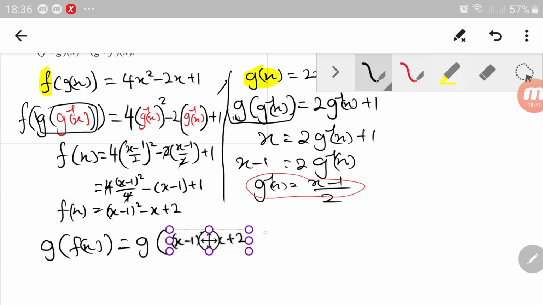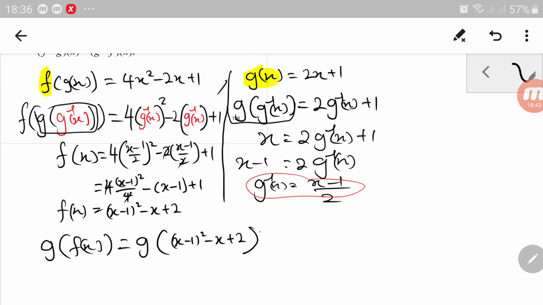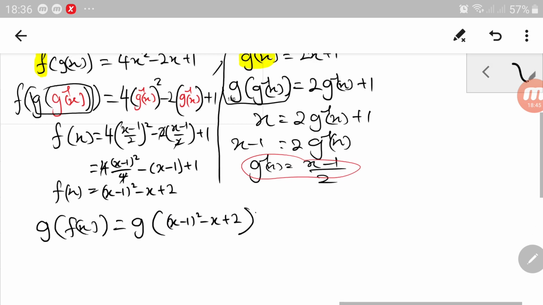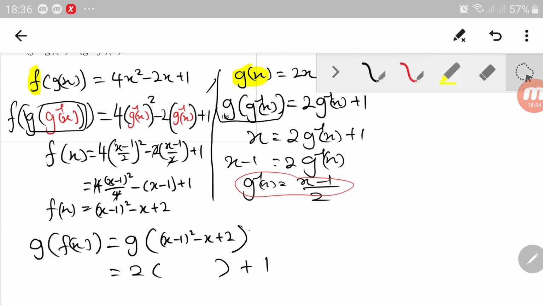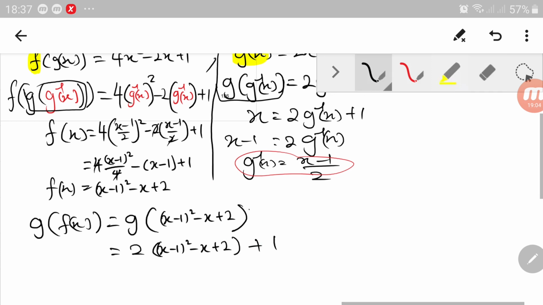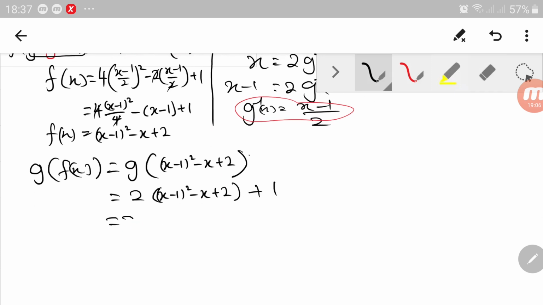Now, we know gx will take every object and double the object, plus 1. So what is the object? Paste. Sorry. Paste. We paste this one.